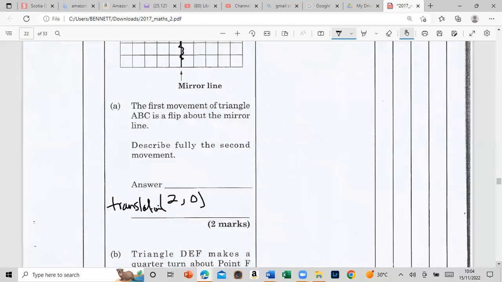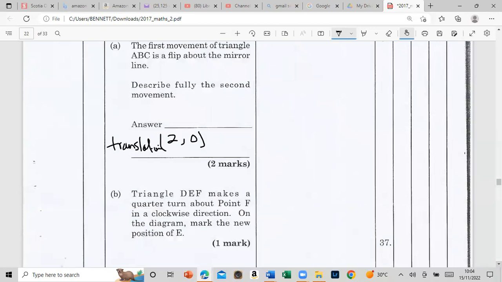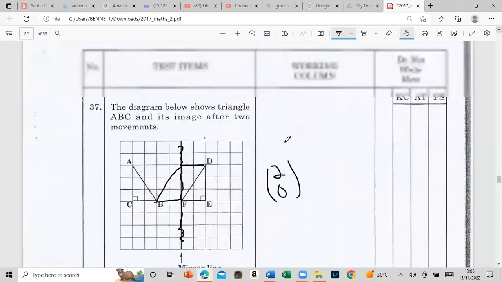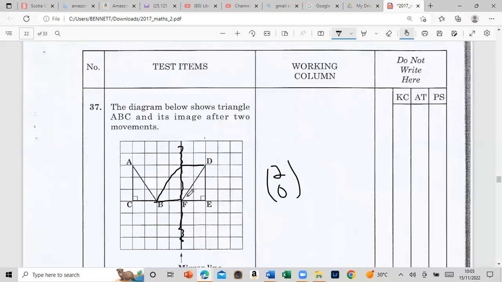I say, makes a what now? Makes a quarter turn. So a quarter turn, about 45 degrees, about the point F in a clockwise direction. So it'll go so.